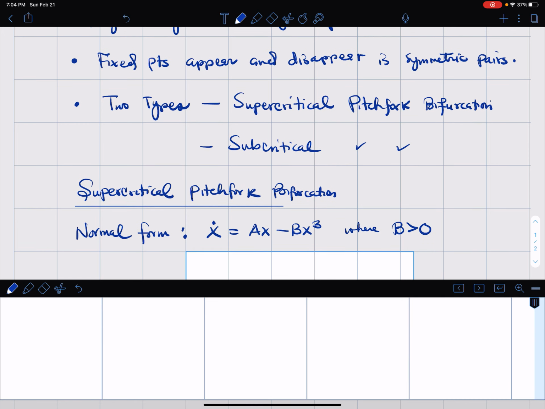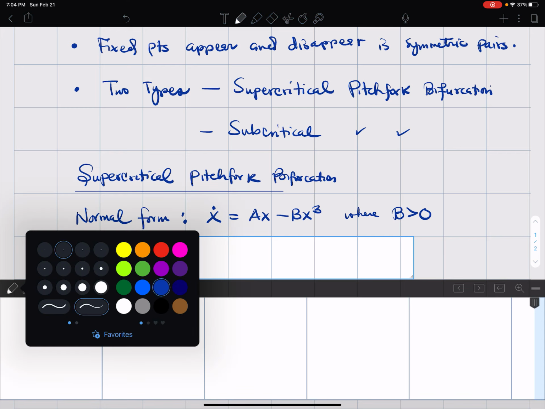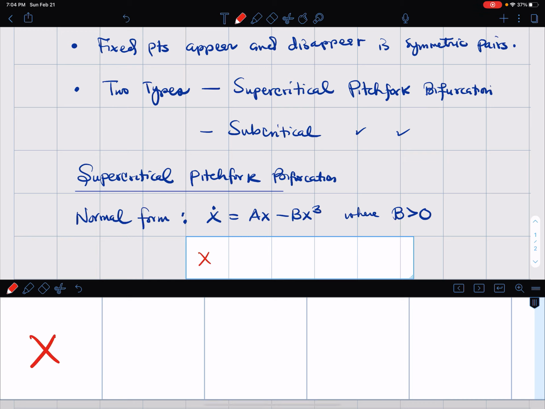Also, in certain textbooks, including the Strogatz that we're using, they just reduce the pitchfork bifurcation normal form to x dot is equal to ax minus x cubed. So if you divide through by b, to find a fixed point, when you set the right hand side equal to 0, and then change a over b to a, you get the same thing.